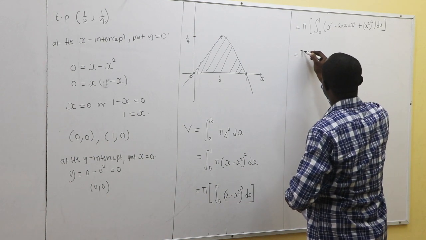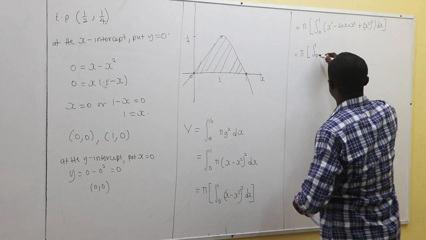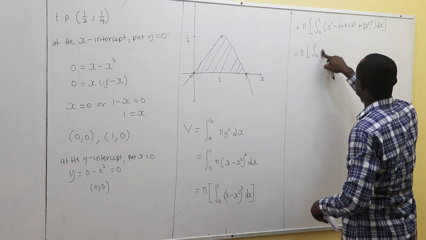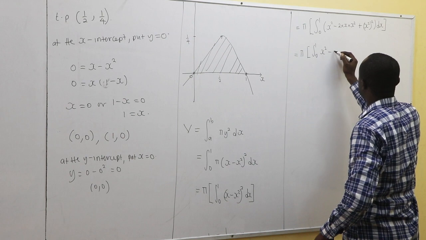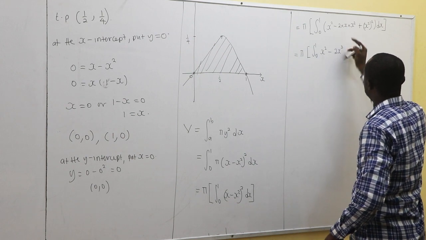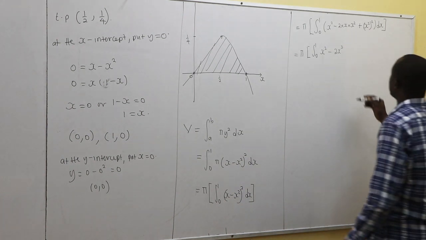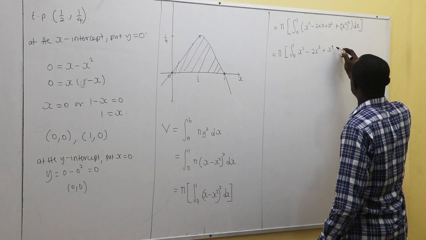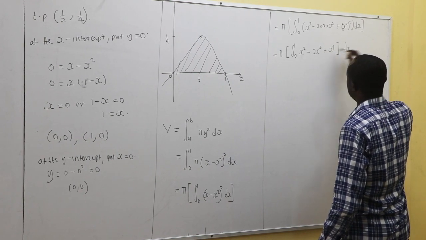Now we have pi times the integral from 0 to 1 of x squared minus 2x cubed, since 1 plus 2 is 3, plus x to the power 4 dx.